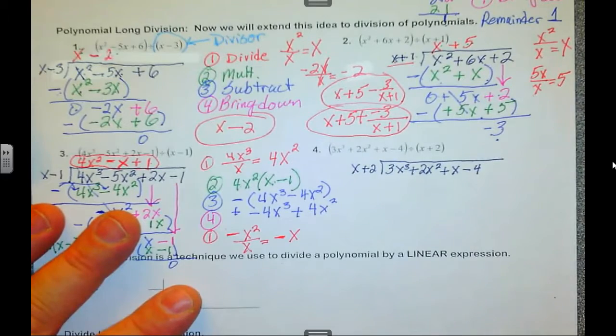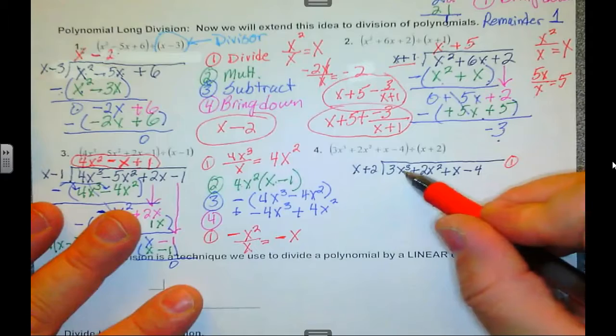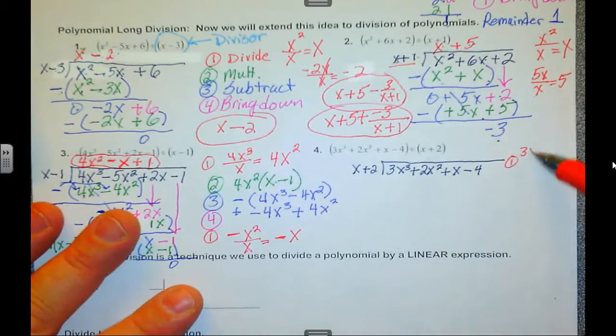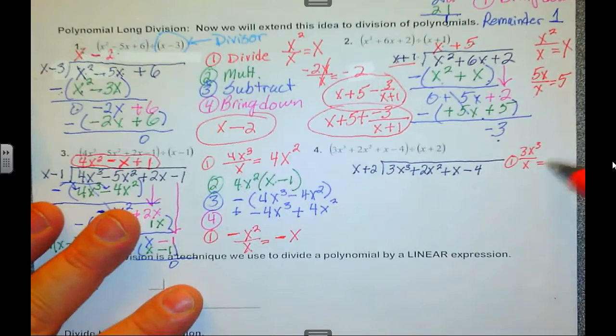First step, divide. 3x cubed divided by x. I get 3x squared.